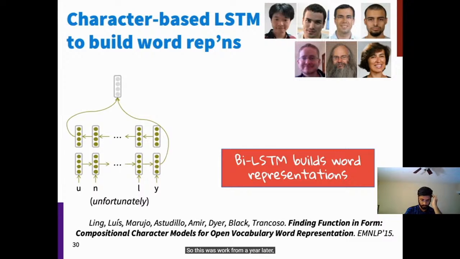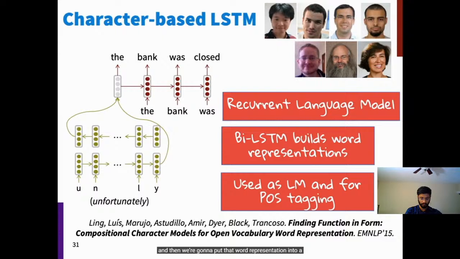So this was work from a year later, and they said, well, we're also going to build up word representations from characters, and the way we're going to do it is we're going to run character-level bi-LSTMs, concatenate the two final states, and call that our word representation, and then we're going to put that word representation into a language model, which is a higher level LSTM that works along a sequence of words.